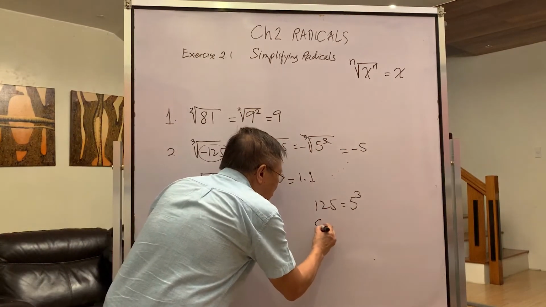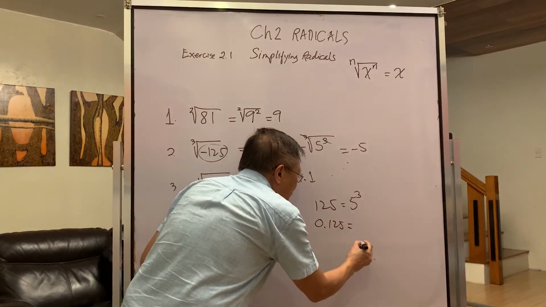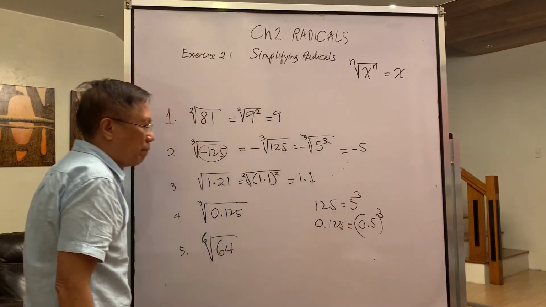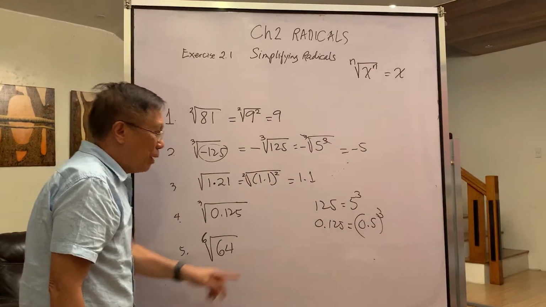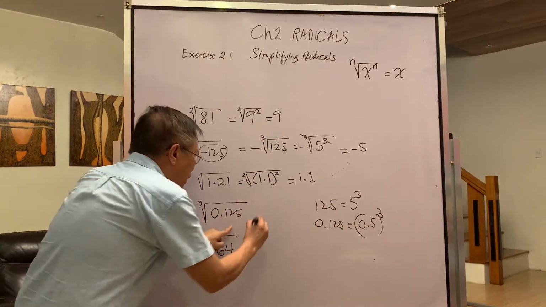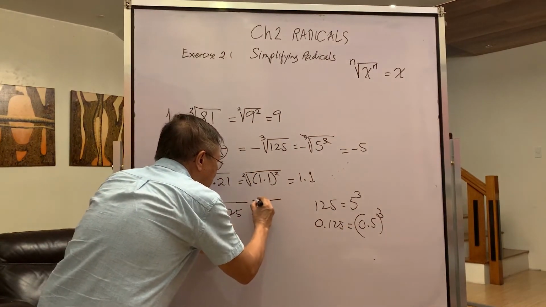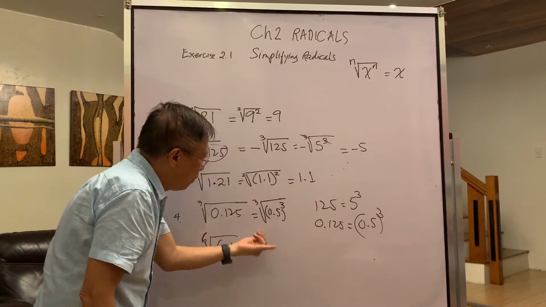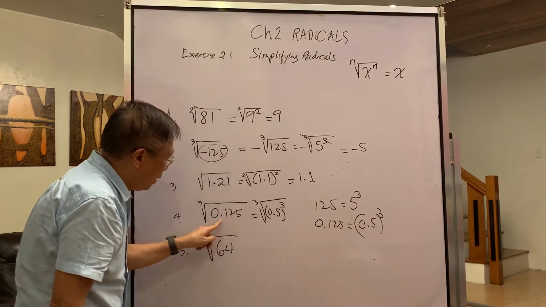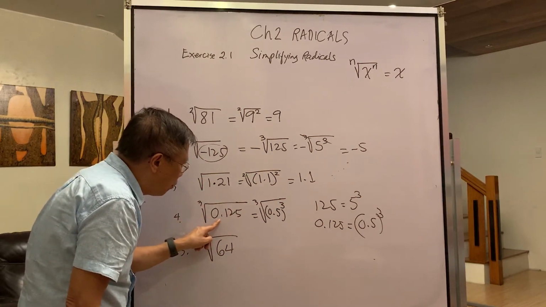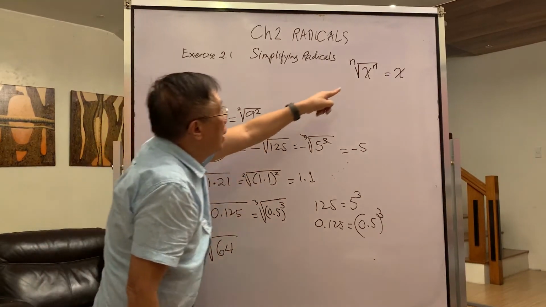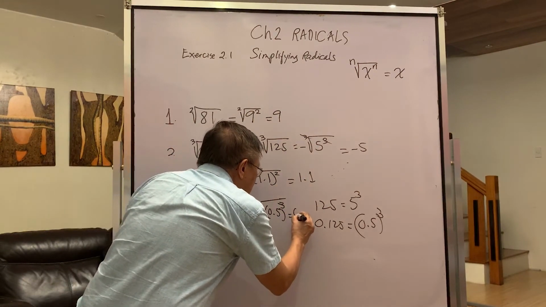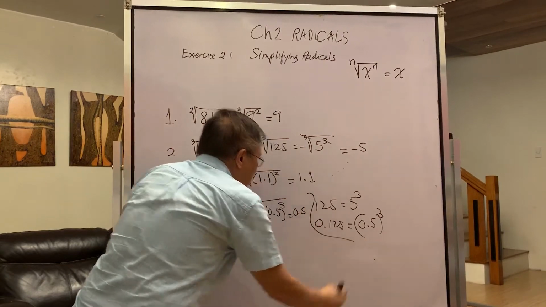So you would suspect that if we have 0.125 here, I will have here 0.5 raised to the cube. Okay? Which is exactly this one here. So I can now rewrite this as the cube root of 0.5 raised to the cube. 0.5 times 0.5 times 0.5 is 0.125, a perfect cube. From that law again, I can cancel this and my answer is 0.5.